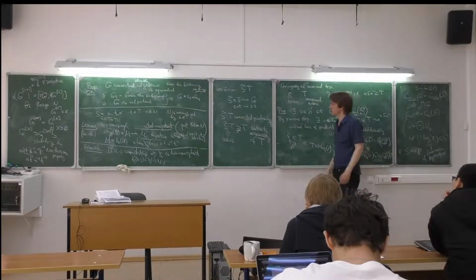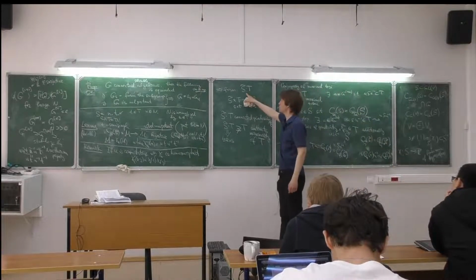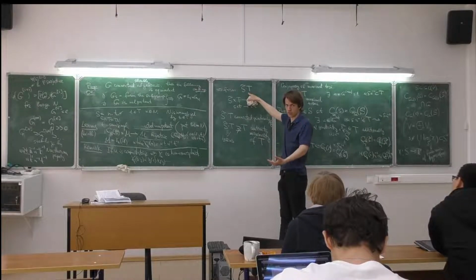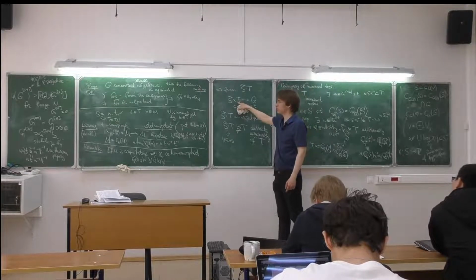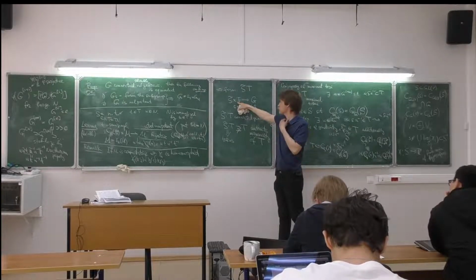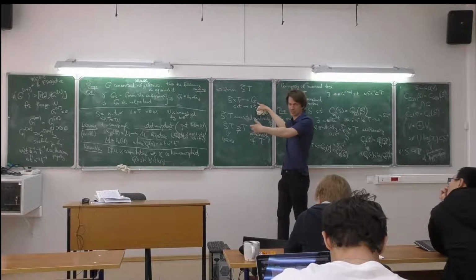But if T commutes with S tilde, you can form the subgroup generated by the products, and the product map, from an abelian group to G, is a homomorphism just because they commute.